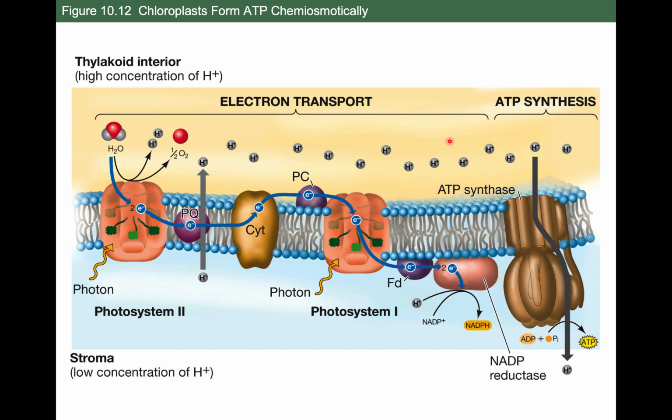Okay, so here's a little bit more detailed view of that non-cyclic electron flow. Here are our two photosystems in pink, photosystem 2 on the left, photosystem 1 on the right. We've got the electron transport chain in between the two photosystems. We've got these molecules at the end of the chain that are passing electrons to the electron carrier. And you'll notice all these components are either embedded in or associated with that thylakoid membrane.